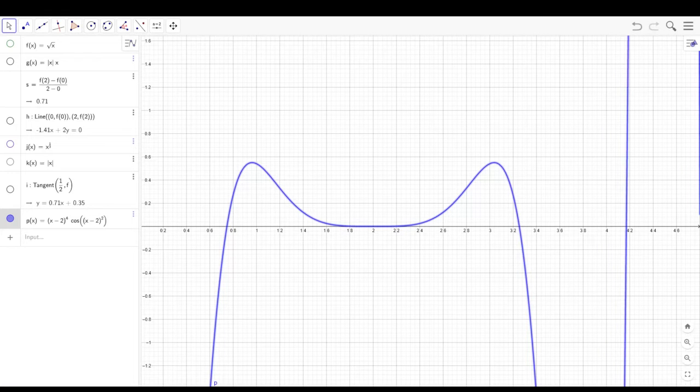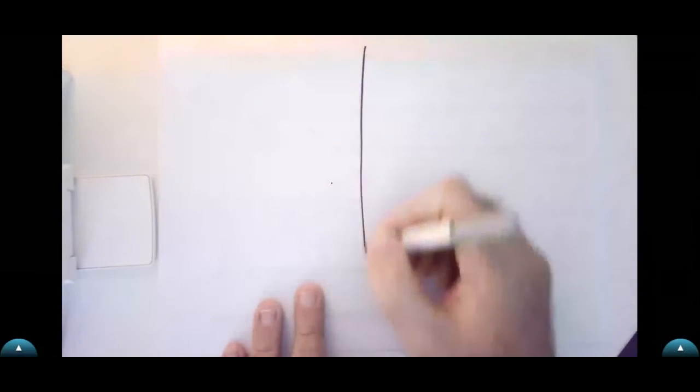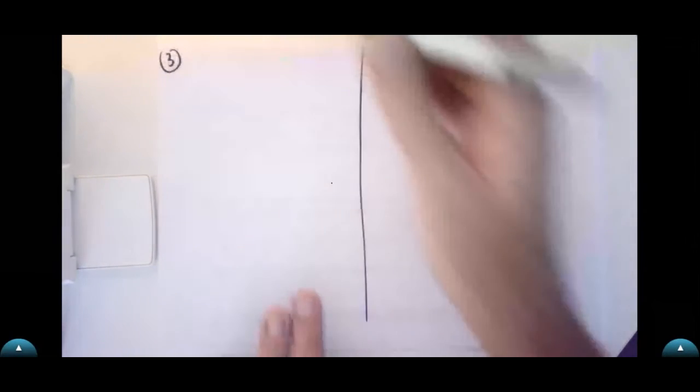Okay, but that's not the way they want you to do this question. It's great having GeoGebra, but they don't want that. But I would draw the graph anyway, right? So let's see how I think they want you to do it, and I'll just share my Chrome tab again. So here we've got question 3.